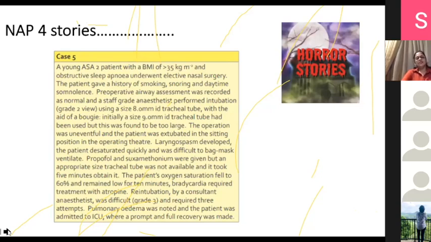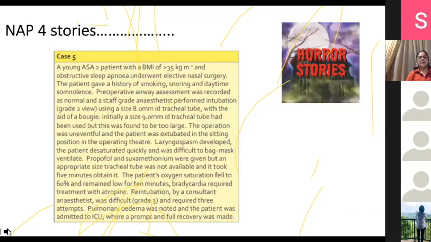It was a grade 2 view using an 8 millimeter endotracheal tube with the aid of a bougie. Initially, he had tried using a size 9 because this patient was quite large, but he found that to be too large. The operation goes, as always, very uneventfully, and the patient was extubated in the sitting position in the operating theater.